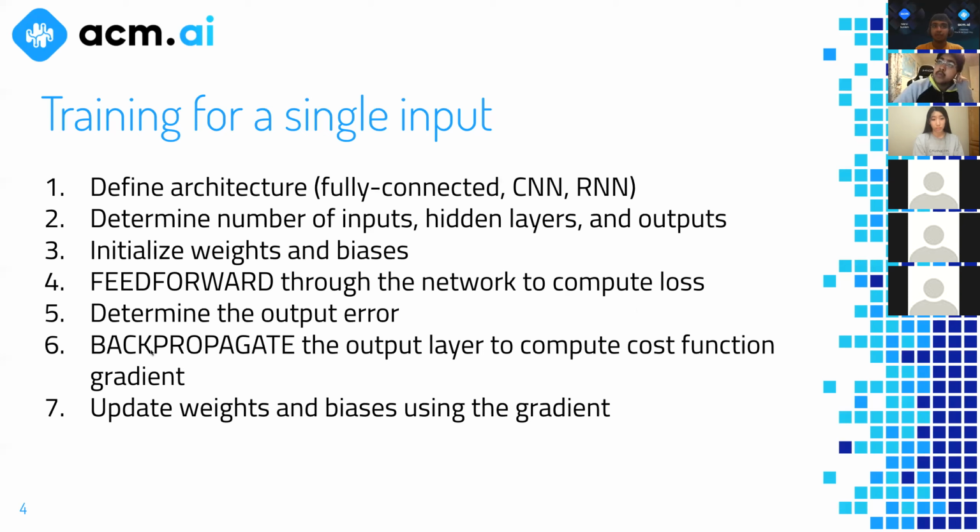And then the next big part of neural networks in general: we backpropagate. This uses our loss function, or cost function, same thing, to change the weights of all the layers in our network, not just the output layer, but all the layers. This is basically what steps 6 and 7 are. We backpropagate using some gradients, and then we update our weights and biases using those gradients.